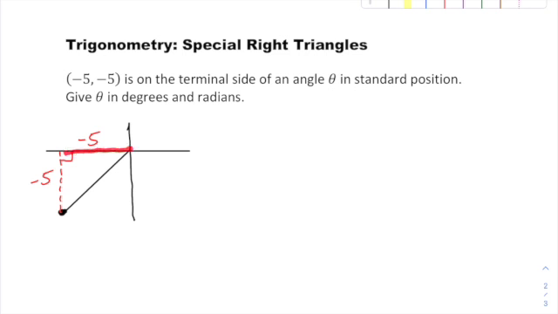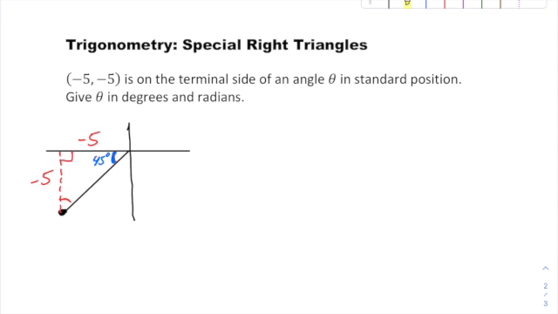The important thing is that the lengths of those segments are equal. So you're dealing with an isosceles right triangle, which means you've got a 45, 45, 90 triangle. The angle I'm really going to focus on in these problems is the one with the nearest x-axis. We call that the reference angle.